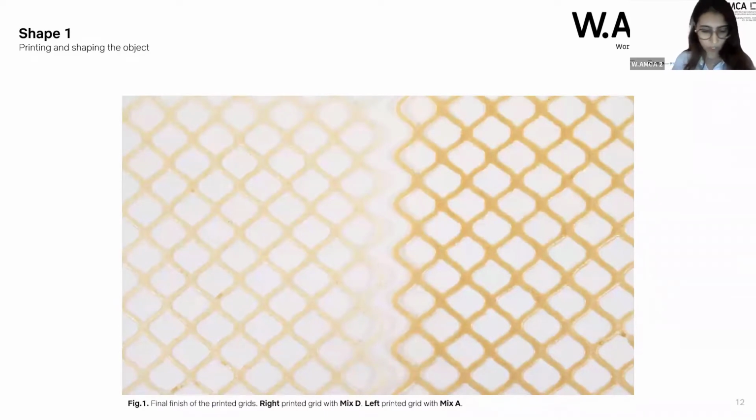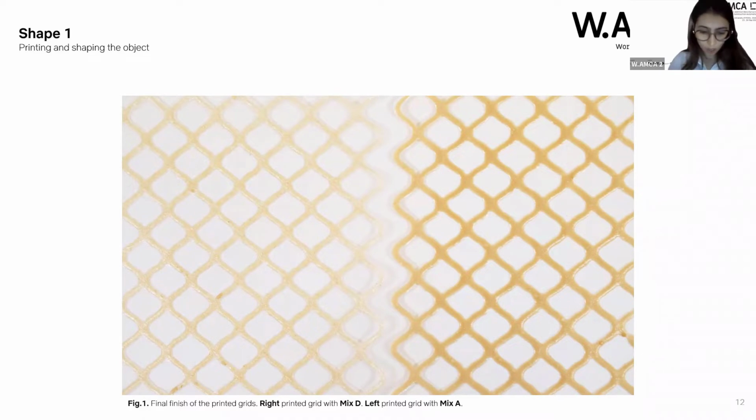So in this image, you can see the finish of the grids obtained, the objects produced with different mixtures. The grid on the left was produced with mixture D, which is composed of starch, chitosan, and calcium carbonate. And the grid on the right was produced with mixture A, starch and chitosan.